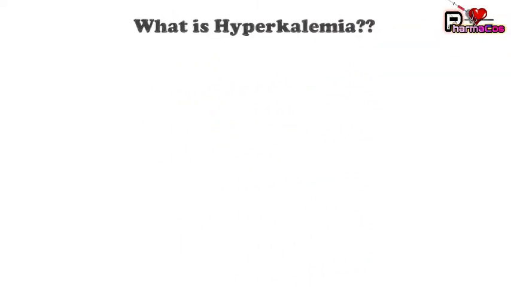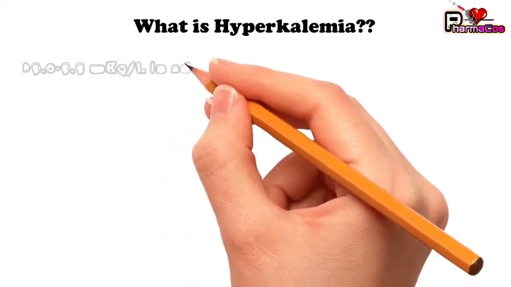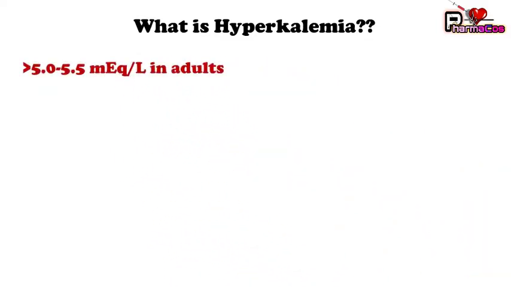Now let us see what is hyperkalemia. Hyperkalemia is defined as a serum potassium concentration greater than approximately 5 to 5.5 milliequivalent per liter in adults. The range in infants and children is age dependent.